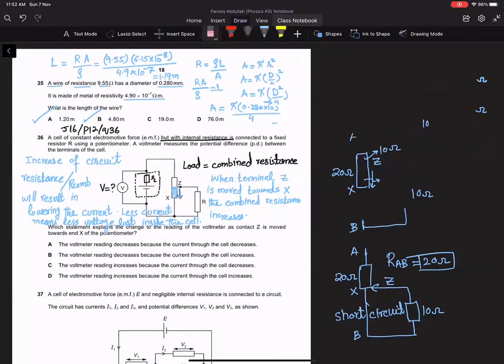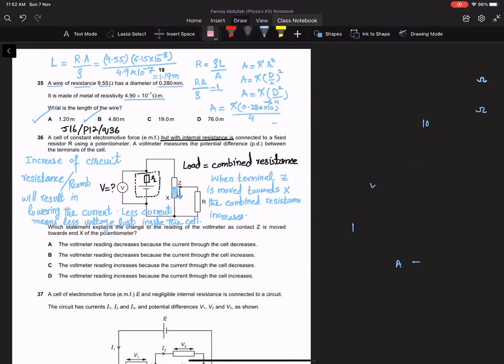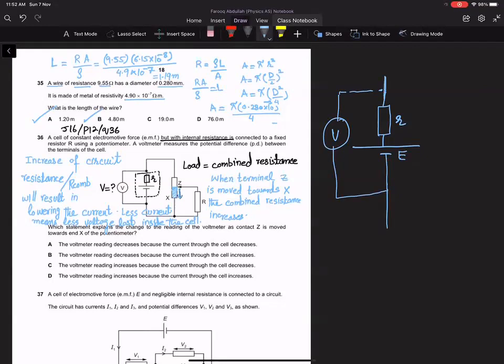The equation can be written as the cell is not ideal but it is real. It has the internal resistance. So the voltage or the TPD of the cell will be, this is smaller r, and this is the voltmeter. Let's suppose the EMF is E, and this is the part of the circuit containing the cell.